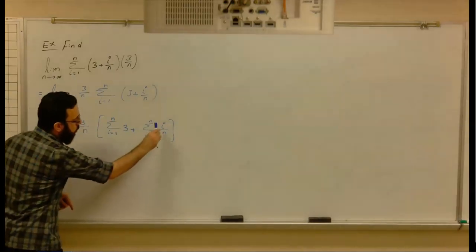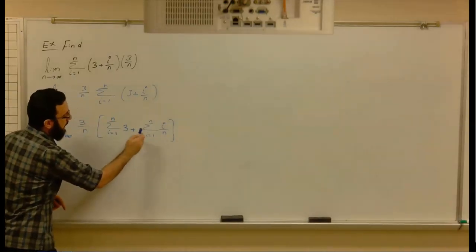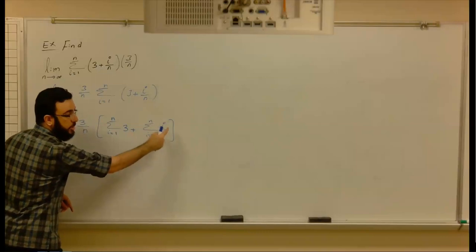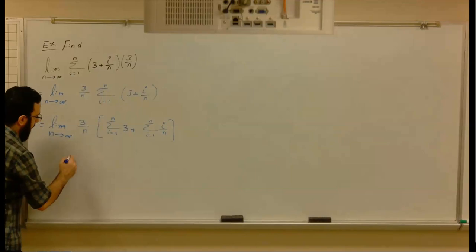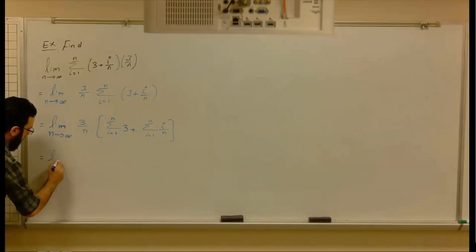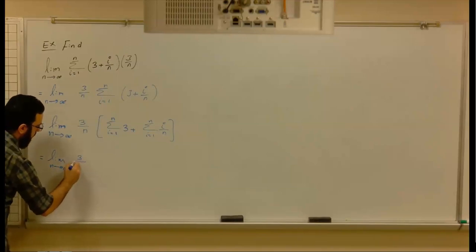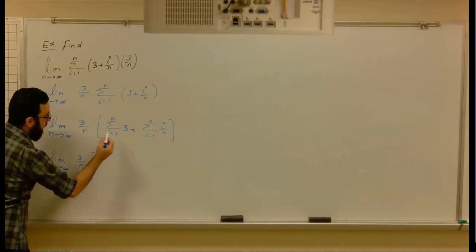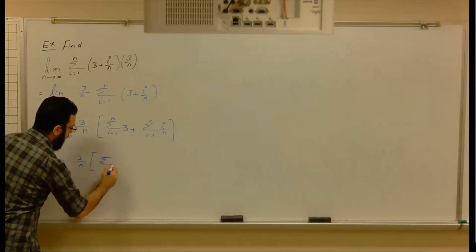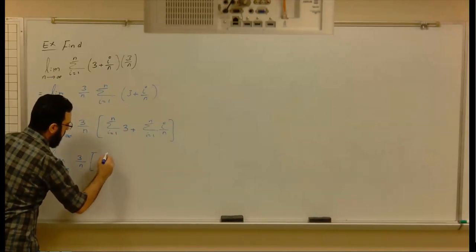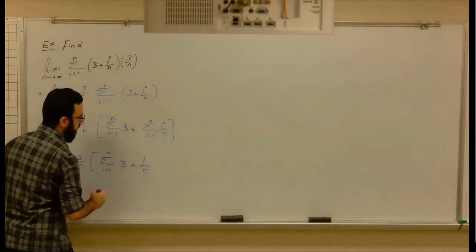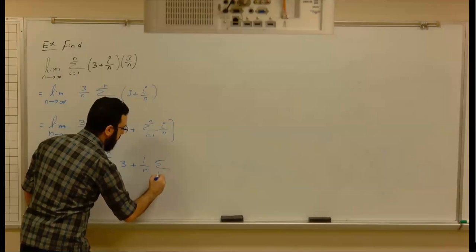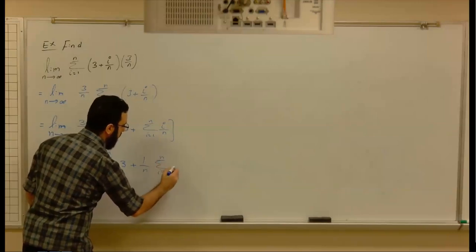So if I took 1 over n outside the summation, what's left on this side is the summation of i. I have a formula for the summation of i. That means it's going to be the limit as n approaches infinity of 3 over n. I'm going to write down now the summation from i equals 1 to n of 3 plus 1 over n, and the summation from i equals 1 to n of i.